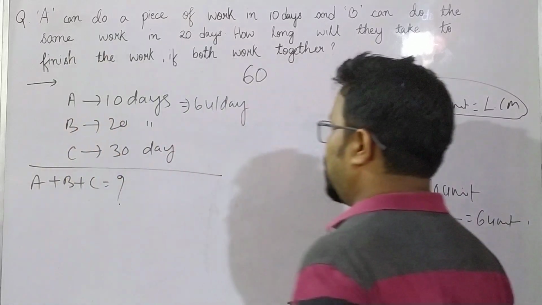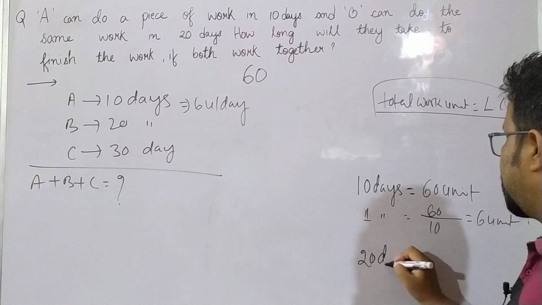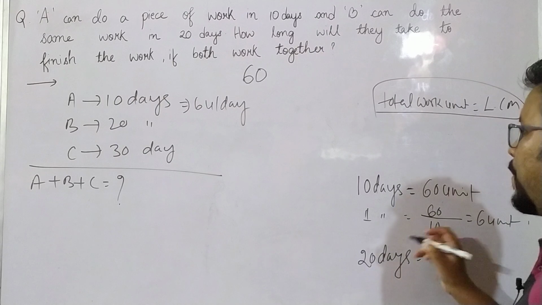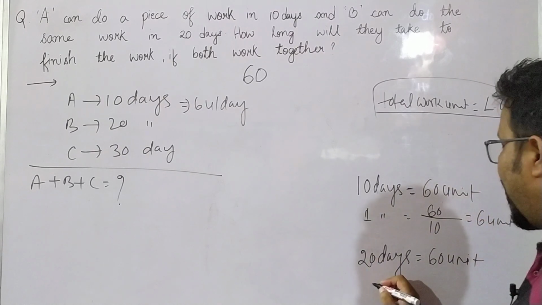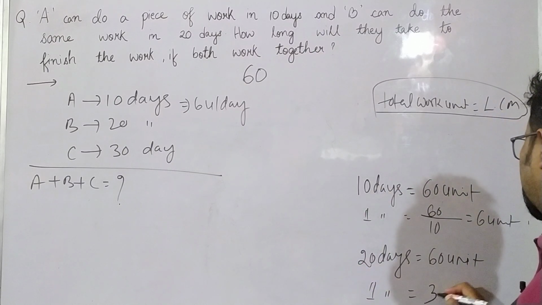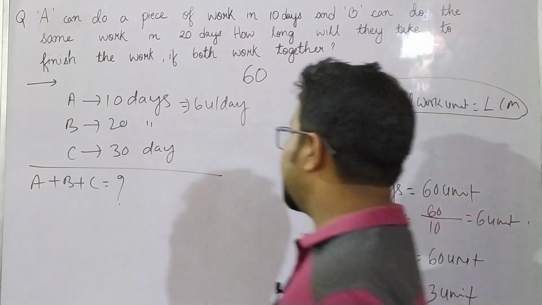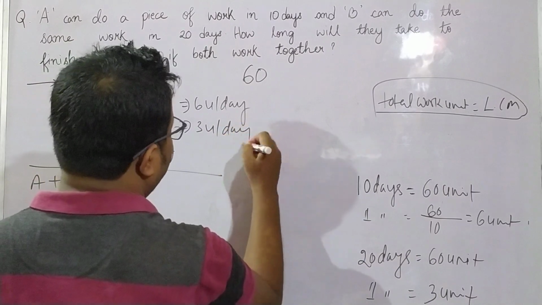Next, for B: in 20 days, B does 60 units. In 1 day B does 3 units per day.